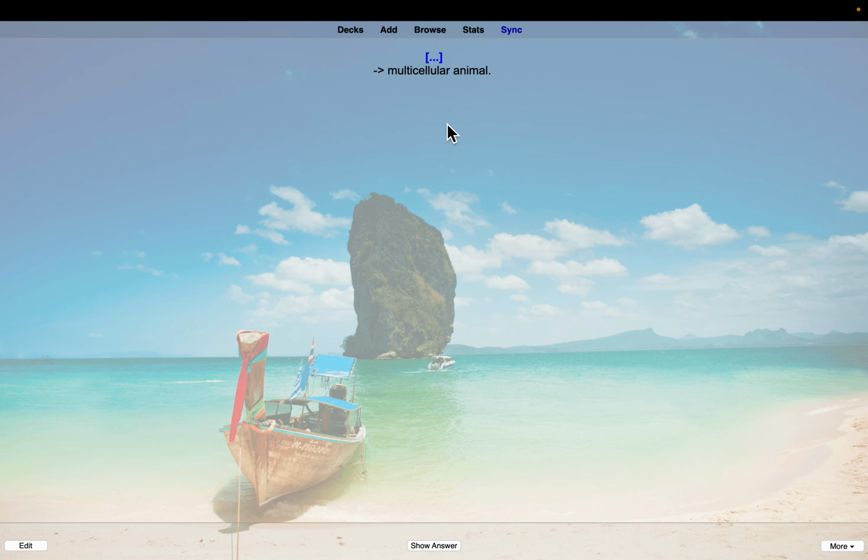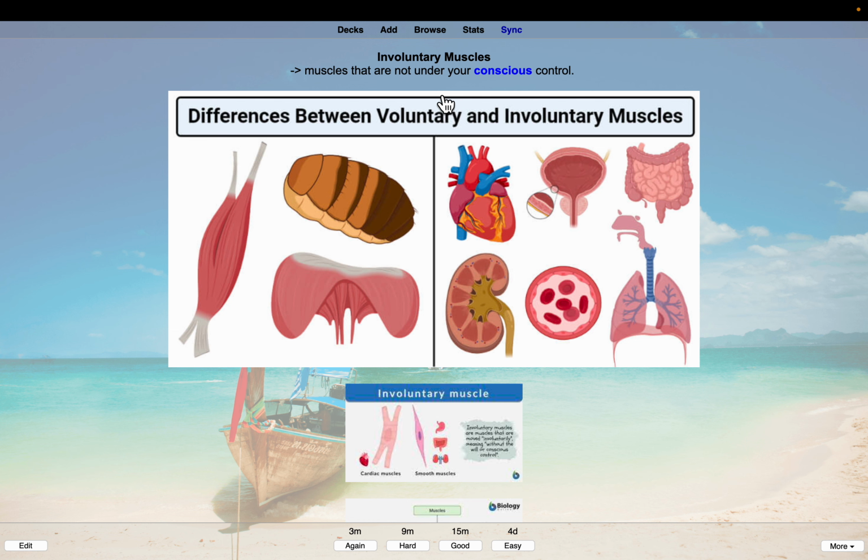So far, just to list down all the kinds of tissues that we've discussed, we have epithelial, connective, and nervous. I think there's one more type that we're yet to discuss. Multicellular animal, metazoan. Involuntary muscles that are not under your voluntary control or conscious control.